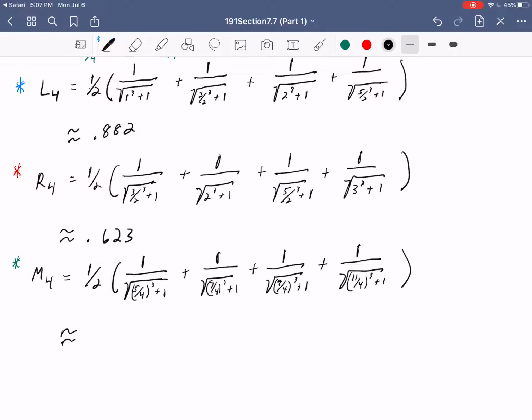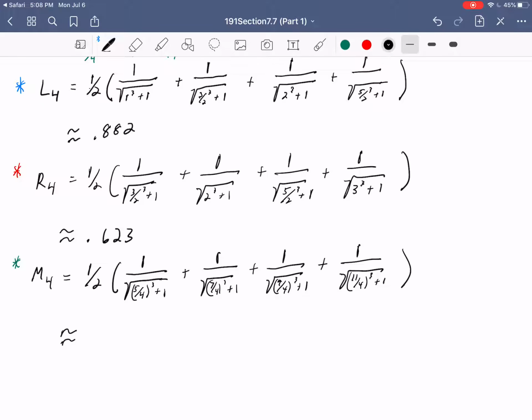So 1 divided by the square root of (5 divided by 4) cubed plus 1, plus 1 divided by the square root of (7 divided by 4) cubed plus 1, plus 1 divided by the square root of (9 divided by 4) cubed plus 1, and then plus 1 divided by the square root of (11 divided by 4) cubed plus 1.